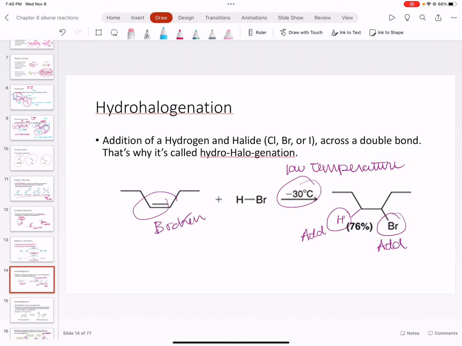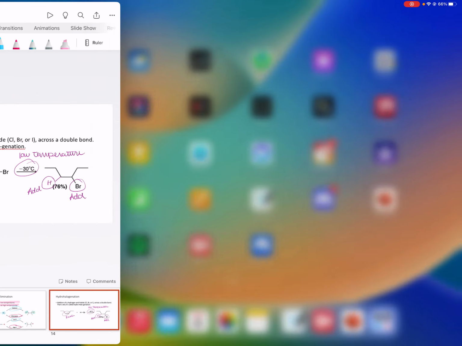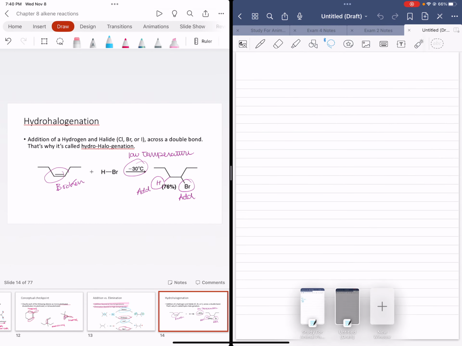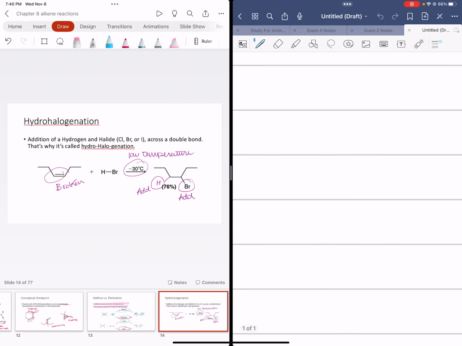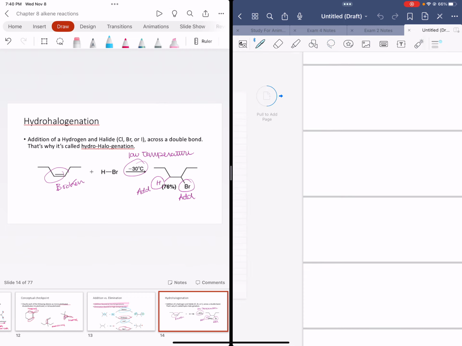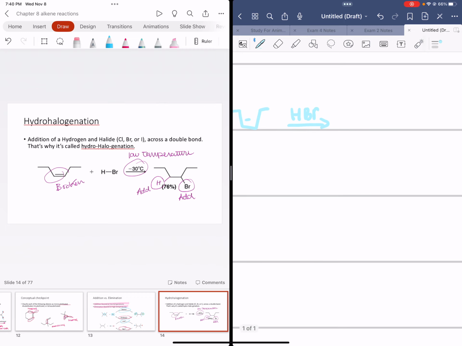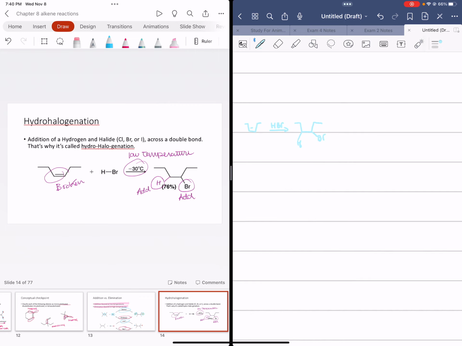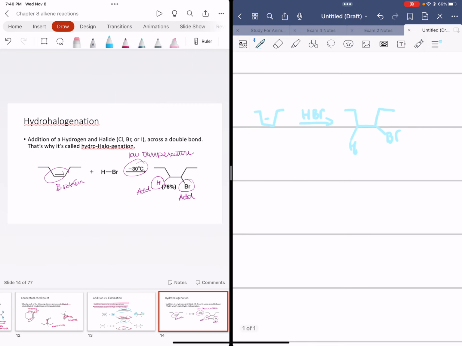Don't write notes on everything, but do something like, for example, for what we have in there, HBr, just to see what happens, and then maybe take some little notes.